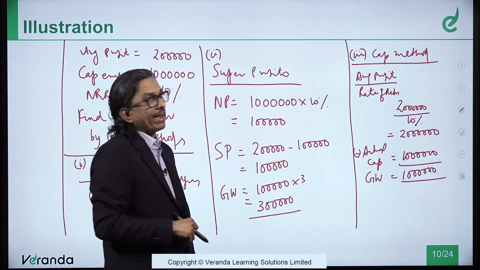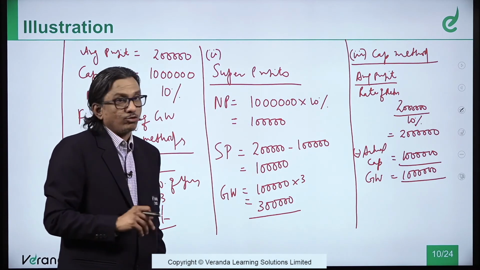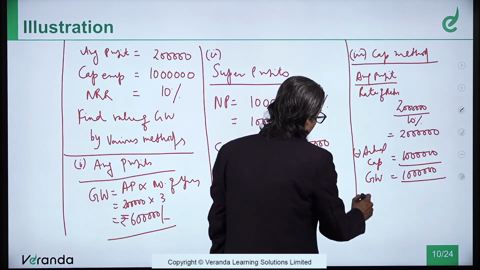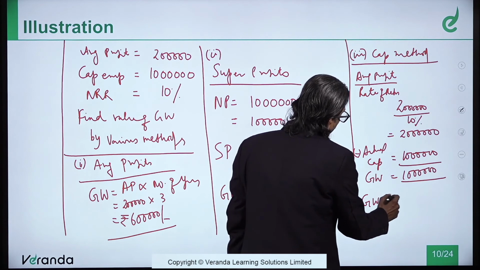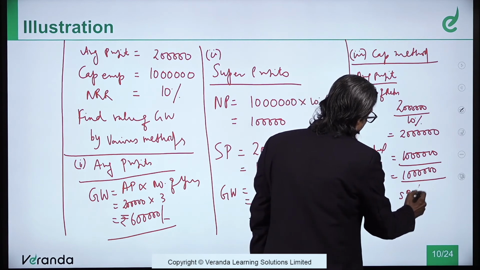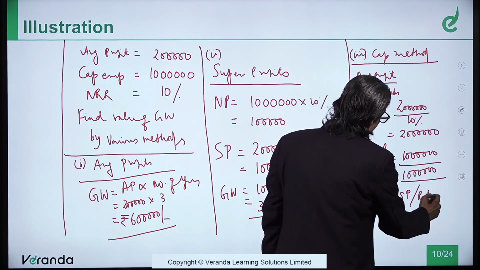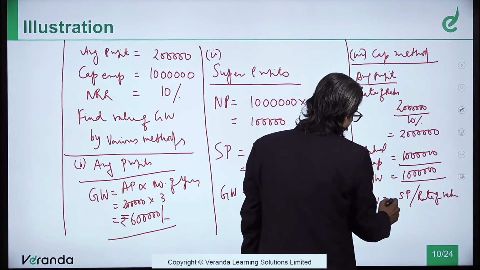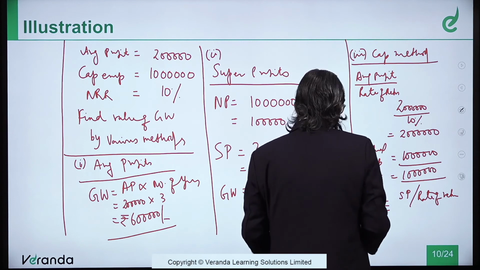You can also find the goodwill by capitalization of super profits. So another formula is goodwill is equal to super profit divided by rate of return. Super profit is 1 lakh.